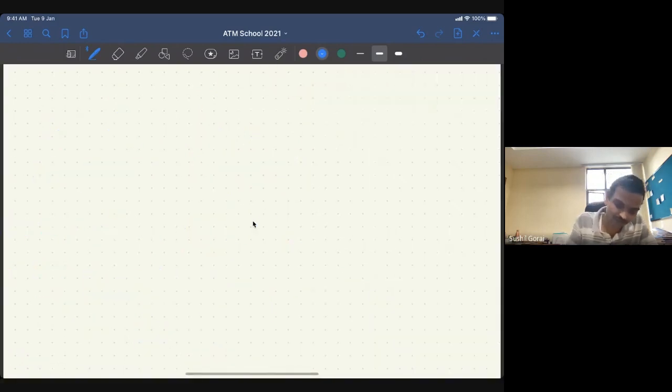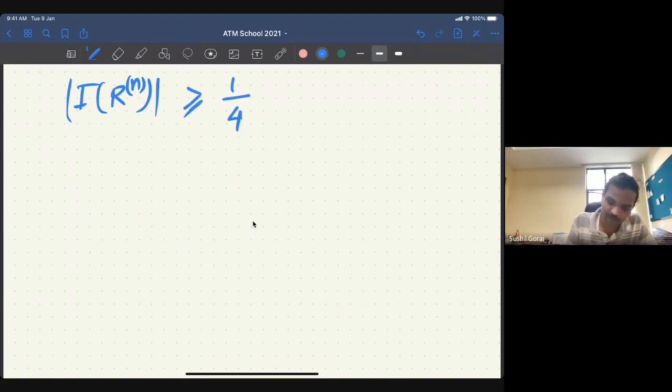So this gives you I_Rn is greater or equal to 1 over 4 to the power 3 times I_R(n-3), and so on, like this. So this is actually greater or equal to 1 over 4 to the power 3.